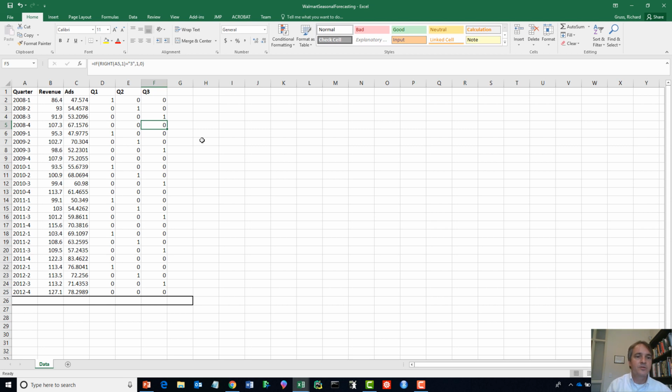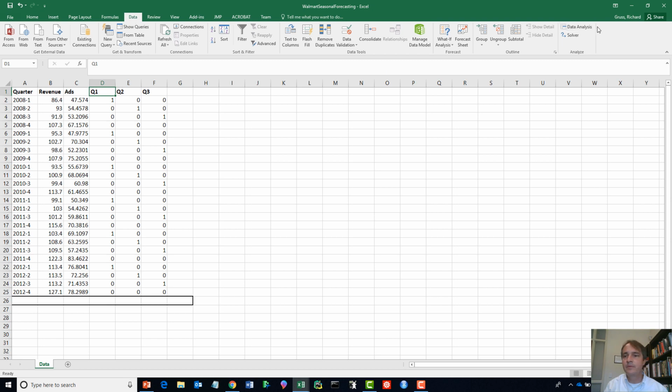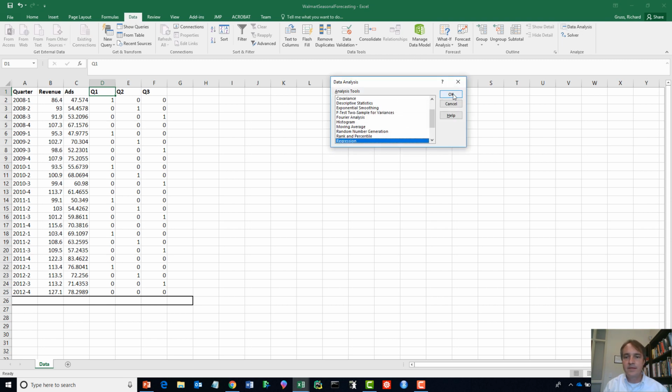Okay, so let's go ahead and do the regression then with all of these, with this continuous variable and each of these 3 dummy variables here. Okay, so I'll do data analysis again.